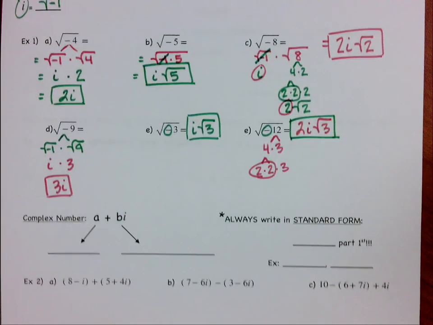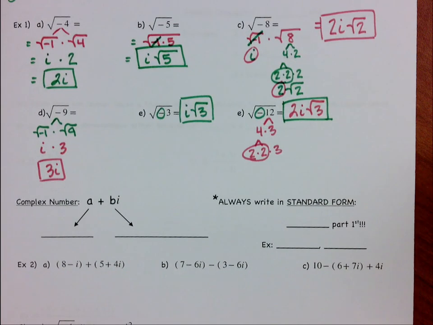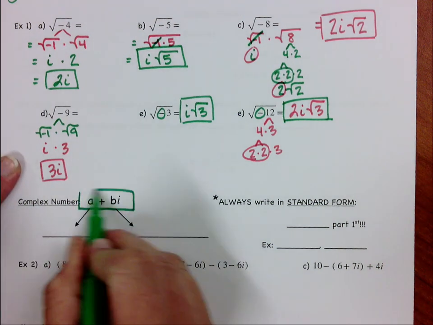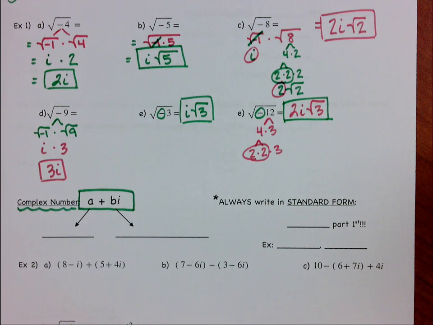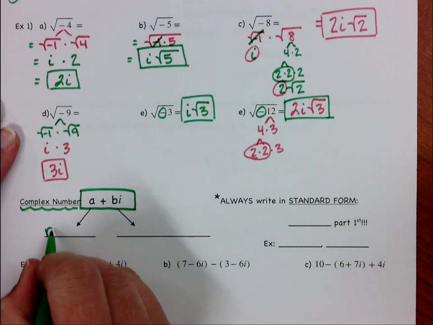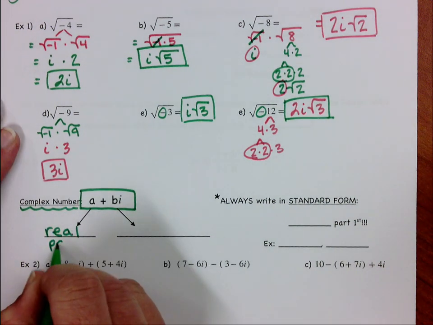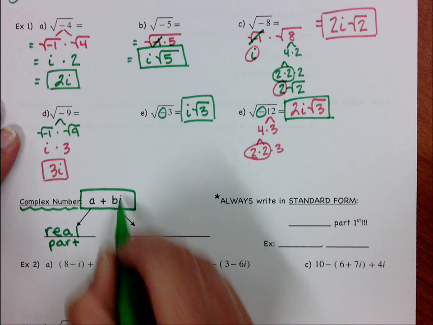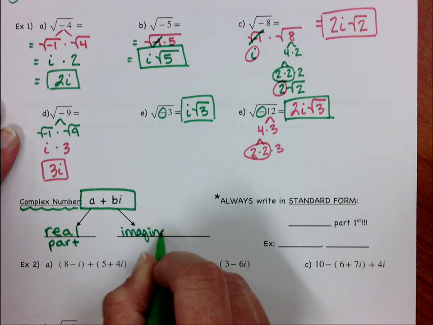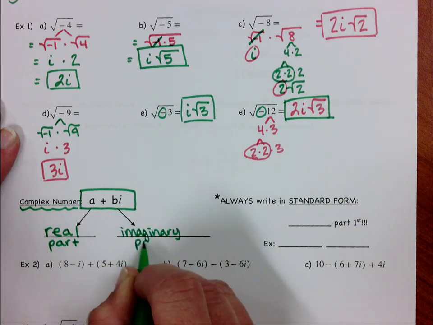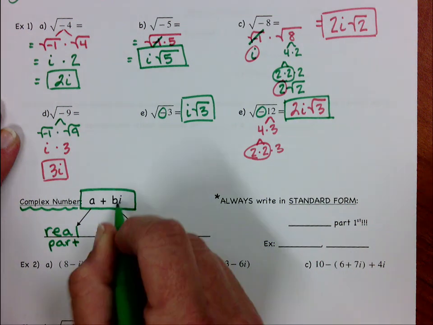Okay? So there's something that we have called a complex number. And your complex number is written in this form. You need to remember this: a plus bi. The a is the real part, and the bi is the imaginary part, because it has your i.